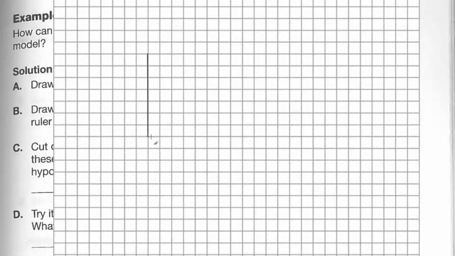Let me just use the ability to do straight lines as well. There we go. So a right triangle. Beautiful. What is my next step? Oh, I should show that it's a right triangle by drawing the little square in the bottom. Okay, there we go. Now it's definitely a right triangle because we've showed it's a right triangle.